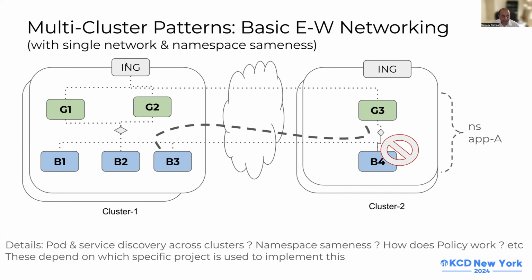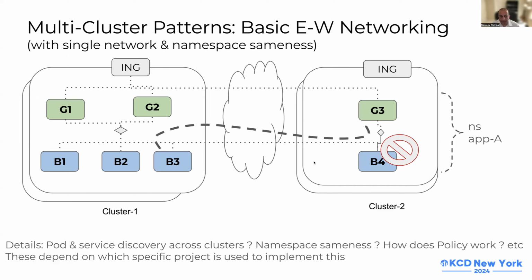And here, we're depicting a simplified version of the east-west, multi-cluster networking pattern, in which there is a single network. As we described earlier, that means that pods in network one, in cluster one, can directly talk to pods in cluster two and vice versa without needing any gateways or NATing, right? So these are all one IP routing domain.